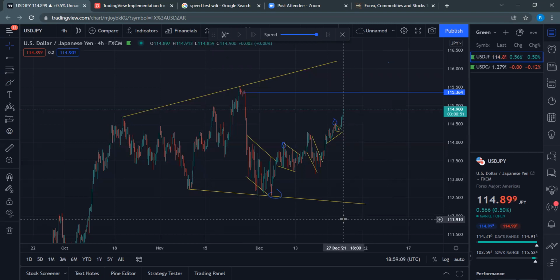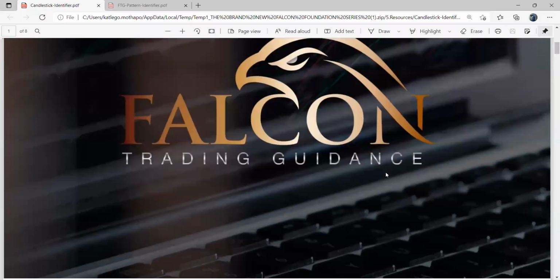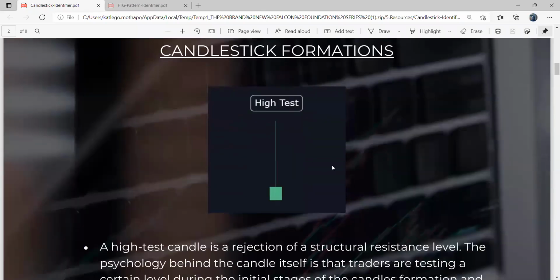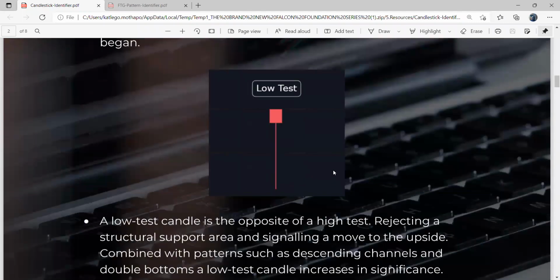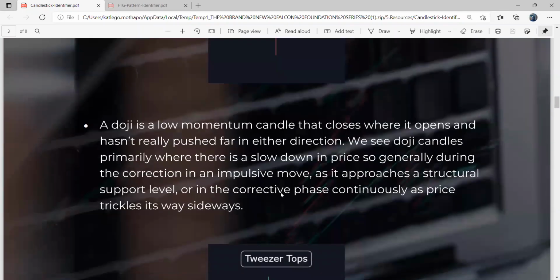Yeah, because I'll also send you this Falcon material. This is what I want you to have, because what I realize is that these candlesticks play a very important role.